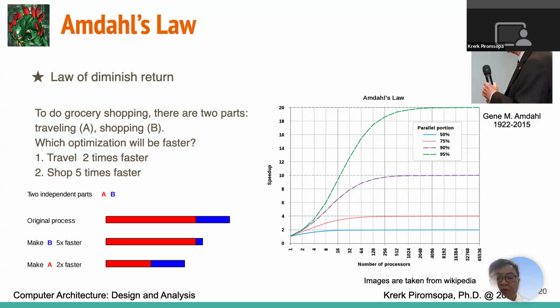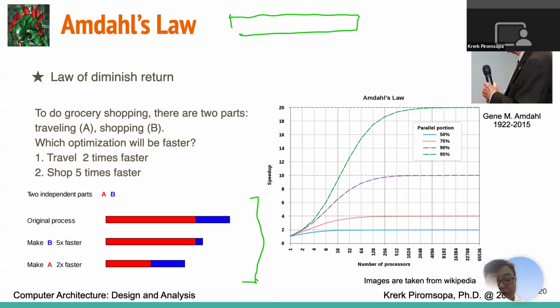Again, toward the end of our last class, I tried to establish the idea of Amdahl's law. And I used this symbol chart to explain. Let me recap this again quickly for those of you who might have missed the concept. First is like this. You want to do something.